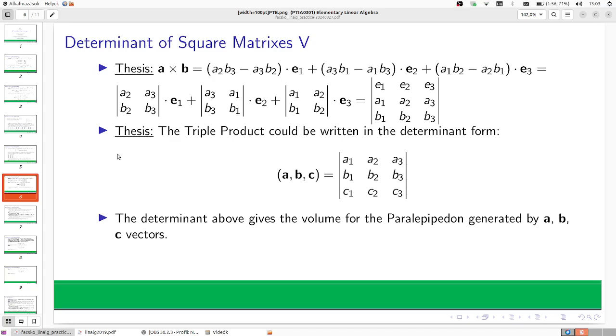This is not a null vector, so it means these vectors are not parallel.